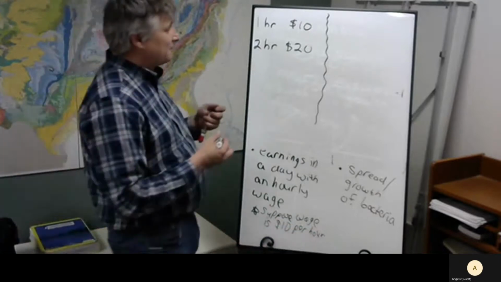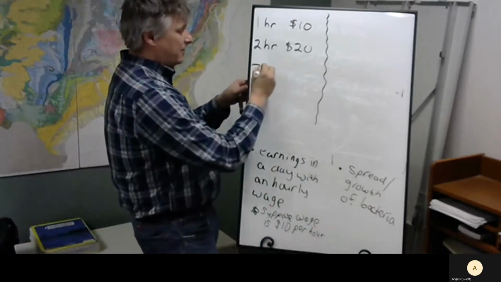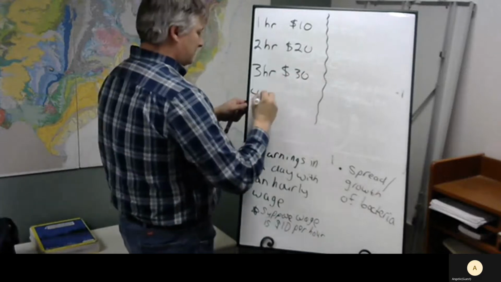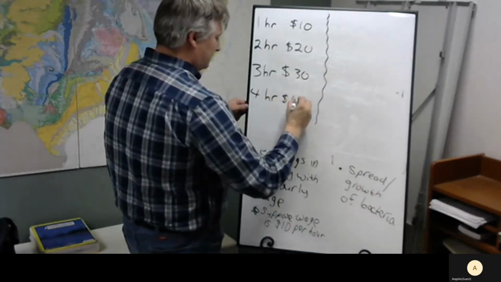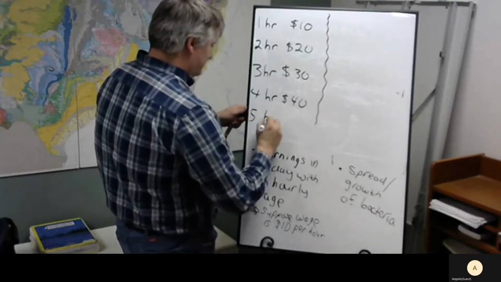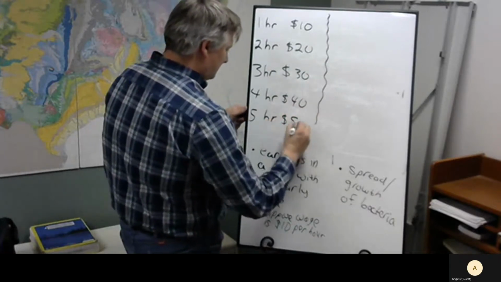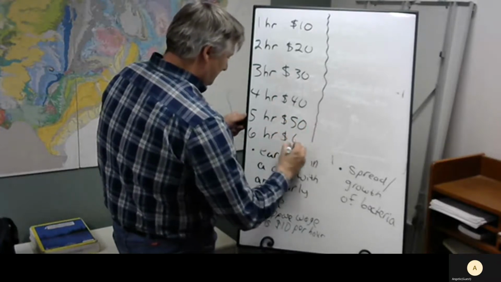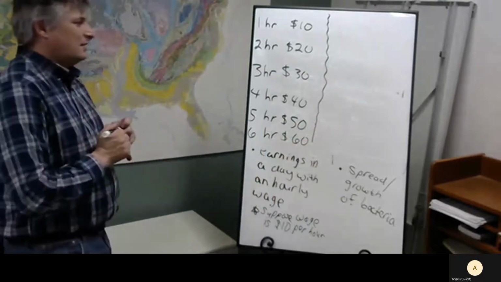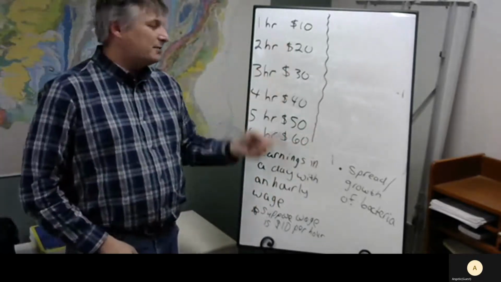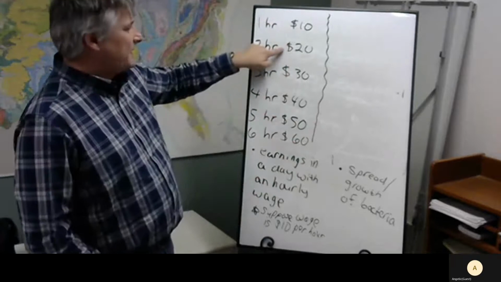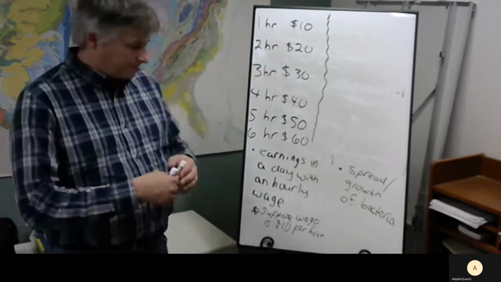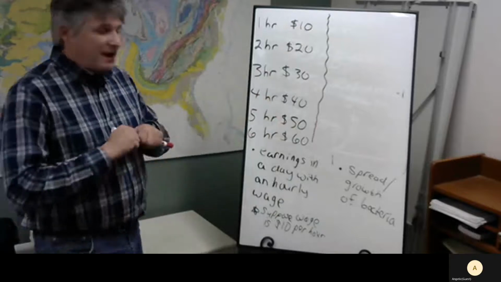So you're getting $10 an hour. After 3 hours, $30. 4 hours, 40. And you get the idea. Throw another 6 hours in there. So it's constantly increasing by the same amount. Jump of $10, jump of $10, jump of $10, jump of 10, jump of 10. That's linear growth.